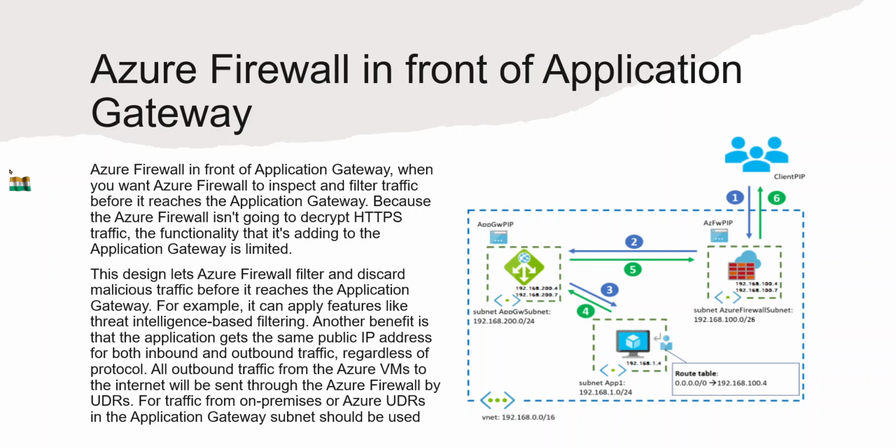So Azure Firewall in the front of the application gateway will filter all the traffic before it reaches the application gateway. This scenario is also commonly used, and the point mentioned over here is that the Azure Firewall isn't going to decrypt the HTTPS traffic. The functionality that it's adding to the application gateway is limited.